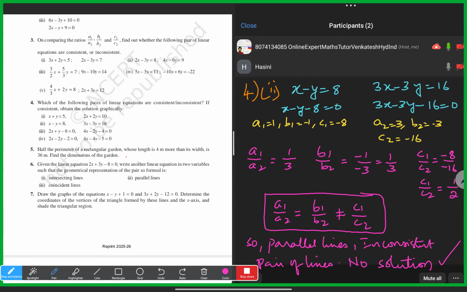Yes, because in the main question it says if consistent, obtain the solution graphically. We clearly got that they are an inconsistent pair of lines, parallel lines, so they have no solution. That's why they didn't give an answer. Okay, see you, Hasni. Bye.